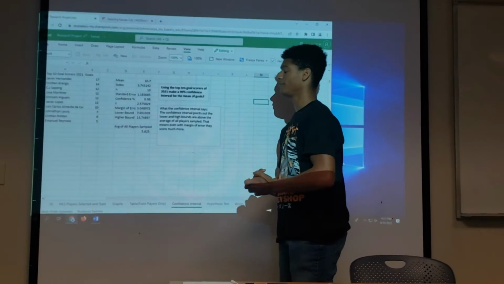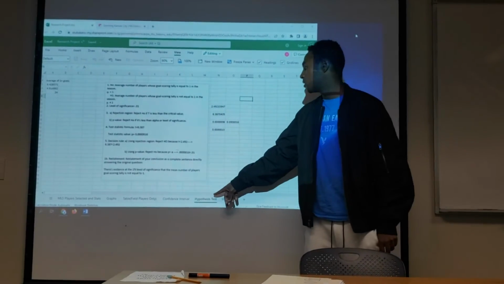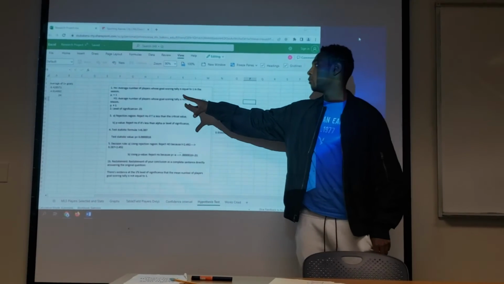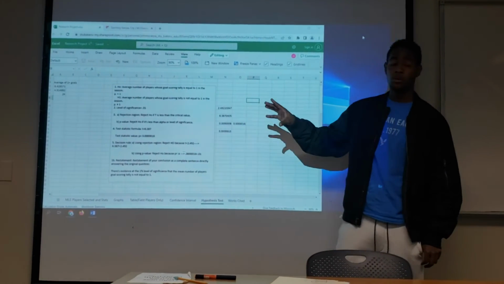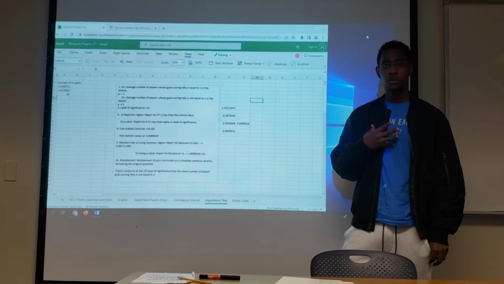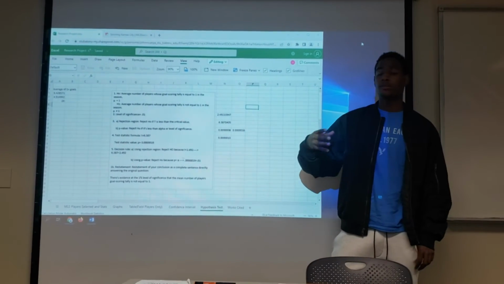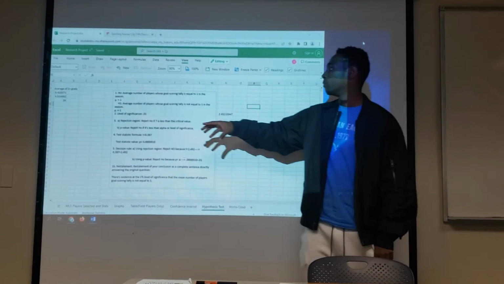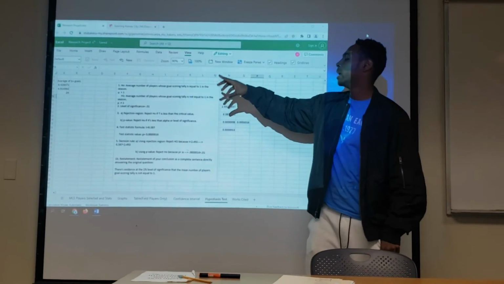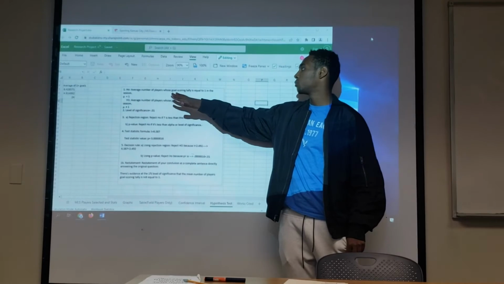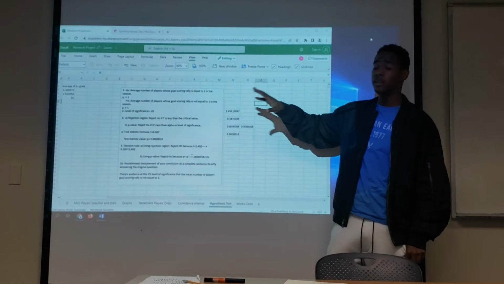So we are running a hypothesis test for the average number of players whose goal scoring tally is equal to 1. I decided to do goal scoring because I'm a striker, but you can also do average of passing, etc. So the null hypothesis will be the average number of players whose goal scoring tally is equal to 1 in the season.